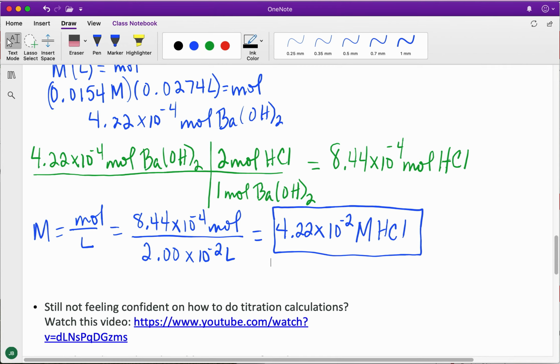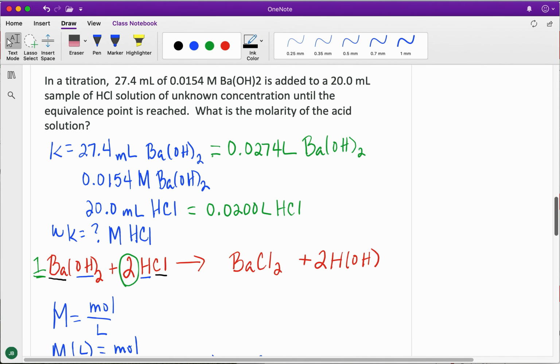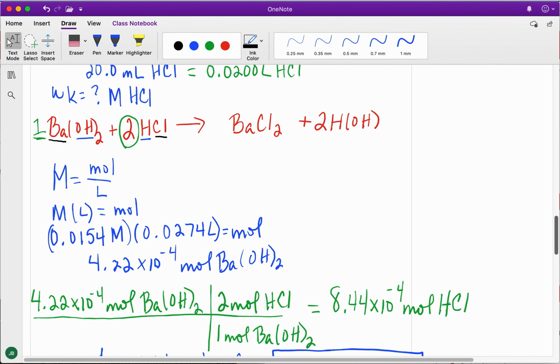All right, so that is the whole setup right there. So let's go back to the beginning. We took all the information out of our word problem and we wrote it down. Then we converted our milliliters to liters. After that, we wrote a balanced equation. Then we took our concentration of that titrant, of that standard solution that was put into the burette, and used that to determine the moles.